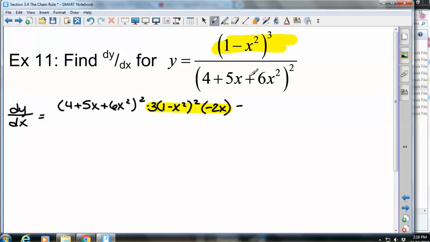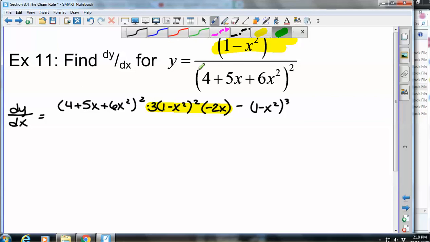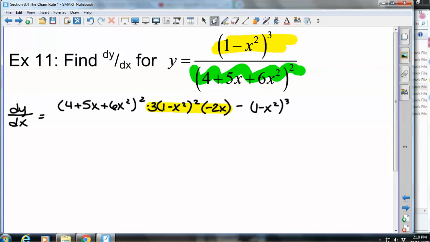There's low d high, minus high, so the top one, below, derivative of the bottom. So the 2 comes down, the inside stays the same, subtract 1 from the power, times the derivative of the inside, 5 plus 12x.